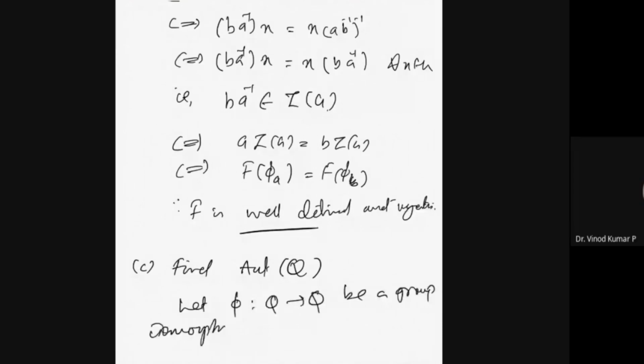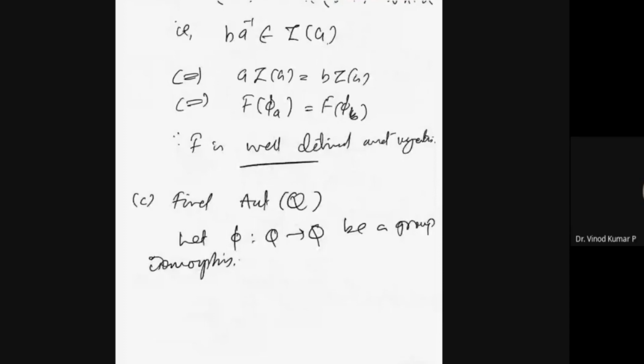Then you analyze the value of phi at 2. I can write 2 as 1 plus 1.